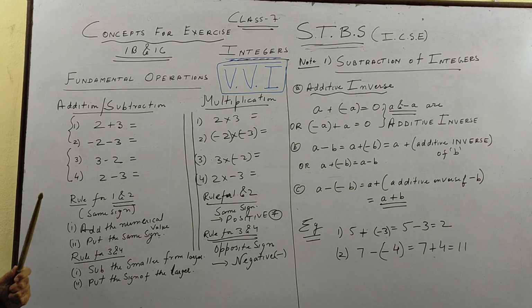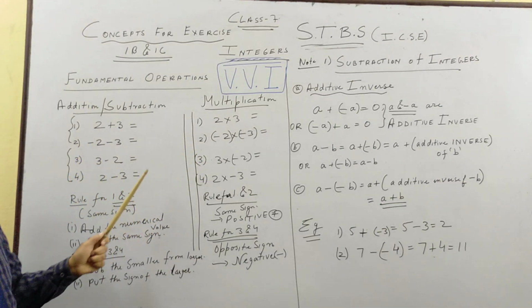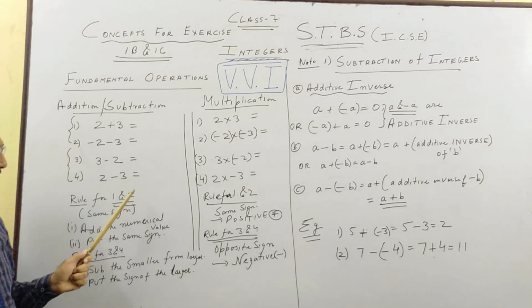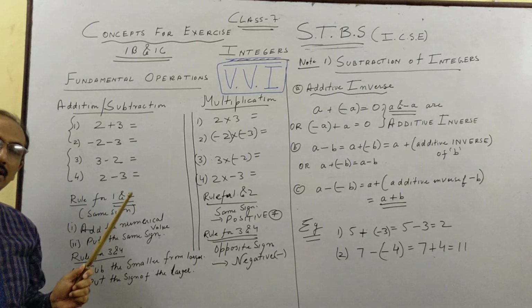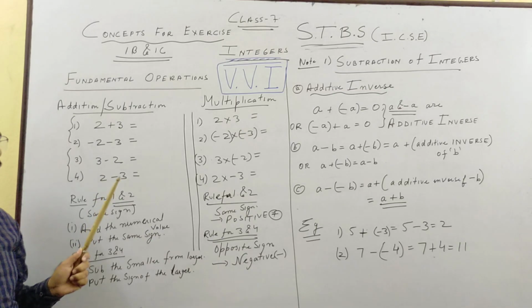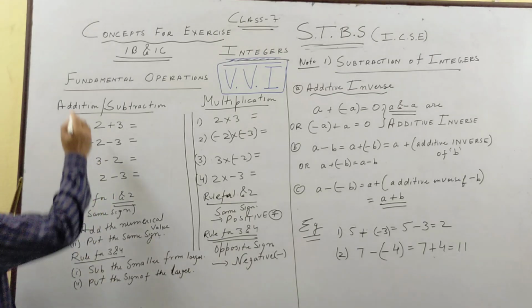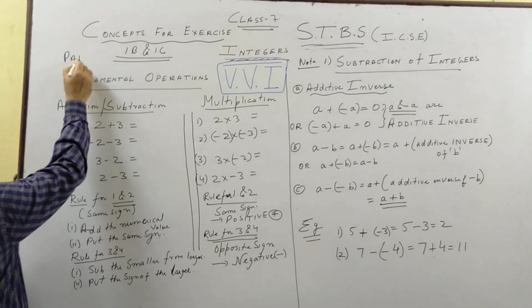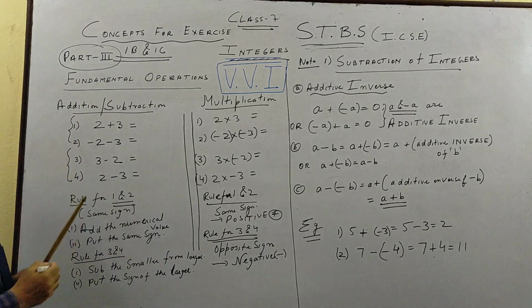In my previous video I have shown you this. Again I will revisit today and we will go to even multiplication and division. So this is my third video on integers for class 7.